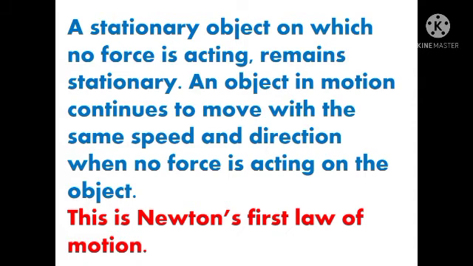So students, Newton's first law of motion states that when an object is at rest, a stationary object, that means the object is not moving, it stays at rest, and an object in motion moves with constant speed, that is, with the same speed, in a straight line, and in the same direction.